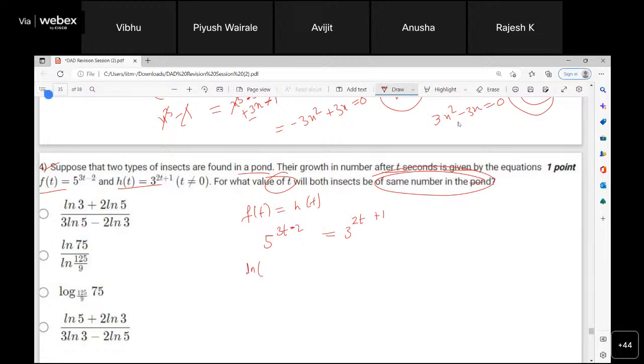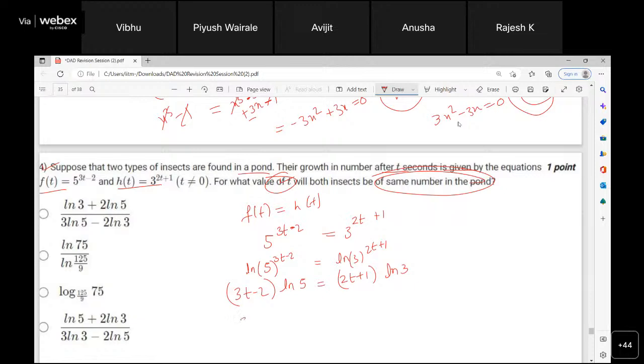So ln of 5^(3t minus 2) equals ln of 3^(2t plus 1). So (3t minus 2) ln of 5 equals (2t plus 1) ln of 3. We have to find the value of t. We can multiply and bring everything in terms of t.